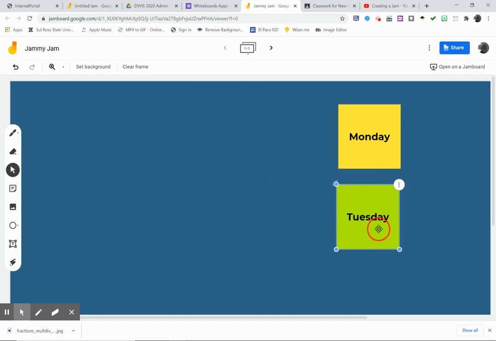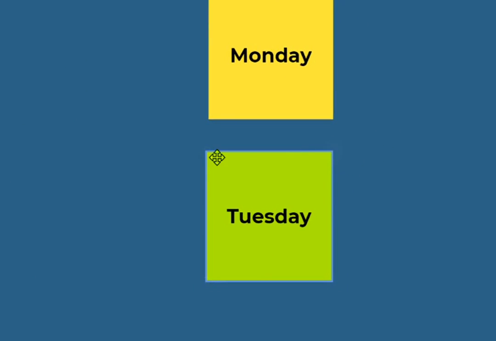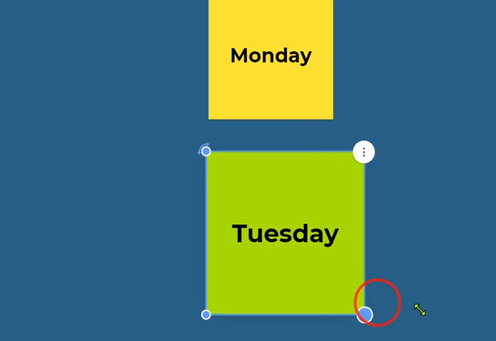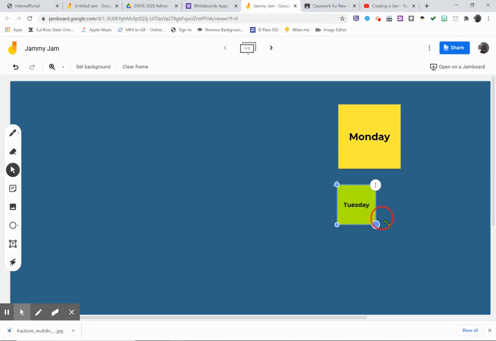Now, if you notice, when I click on something, I get some different icons in the corners. There are 2 in the bottom that are the same. If we click on them, we can drag and make things bigger or smaller. So that's what these 2 do.